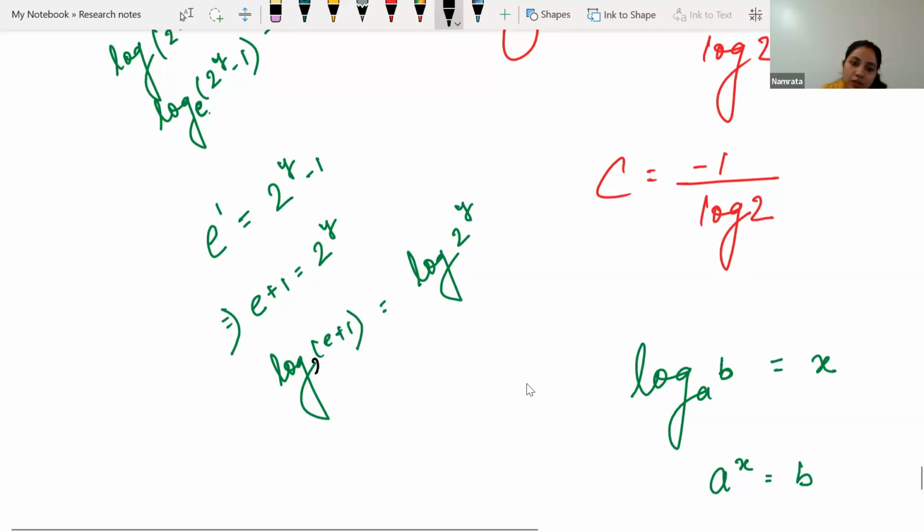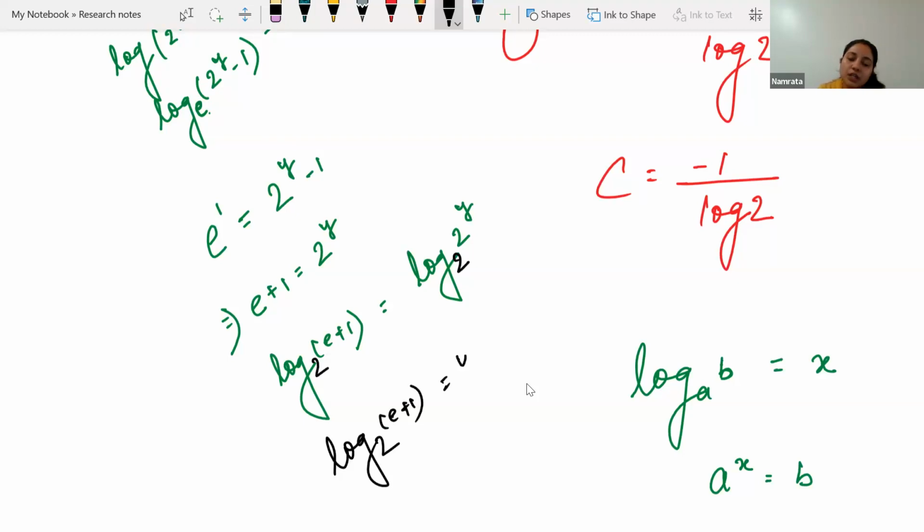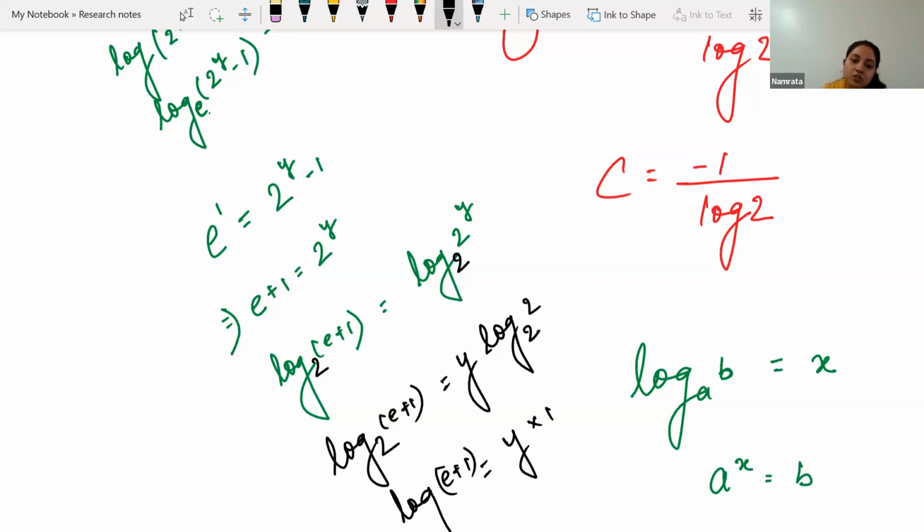So it became log of (e plus 1) base 2, and on the right the exponent comes in front, giving y times log 2 base 2, which is nothing but 1. So y into 1 on this side, and log of (e plus 1) base 2 on this side.